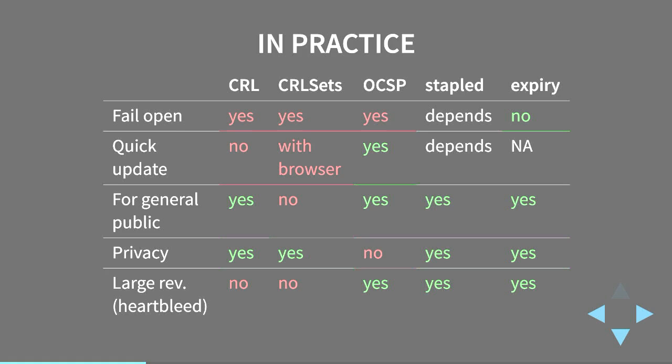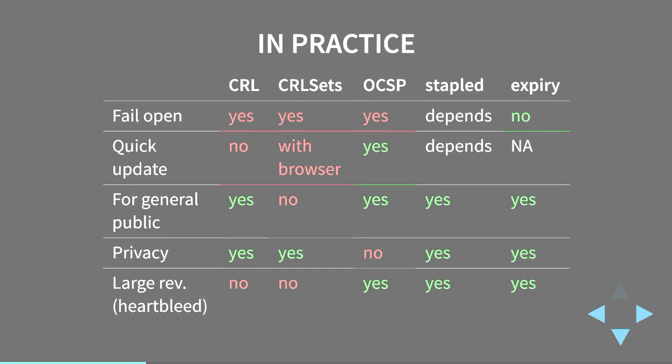So awesome, you don't have to assume you fail open. Finally, with expiry, if it expired, it's not valid. There's not much more to it. As long as your time is right, it's going to be fine.